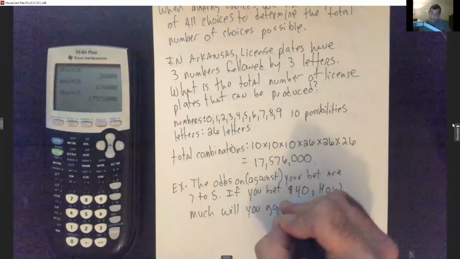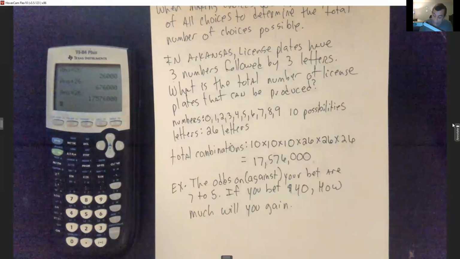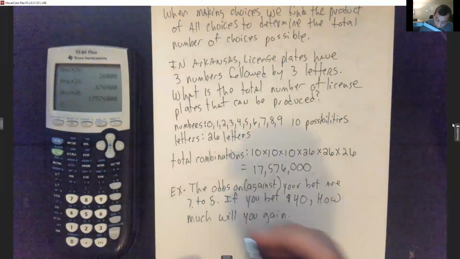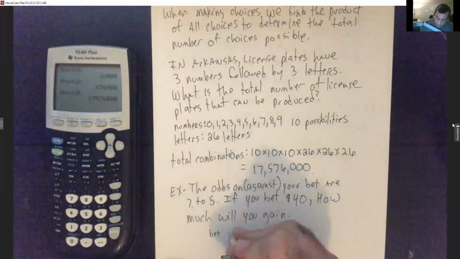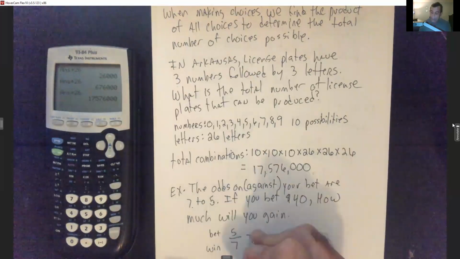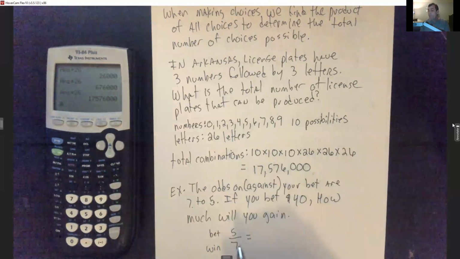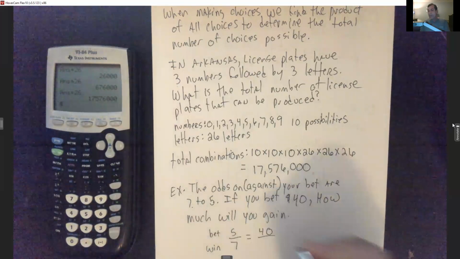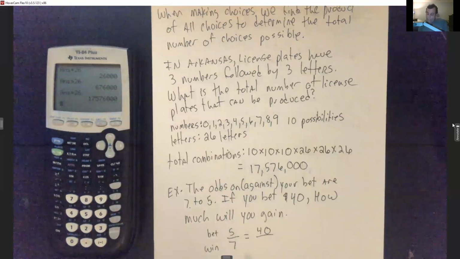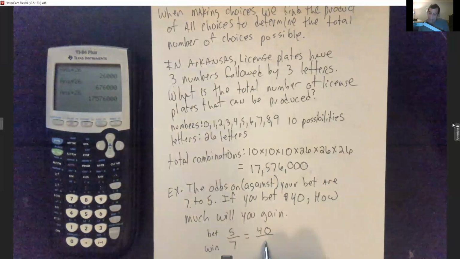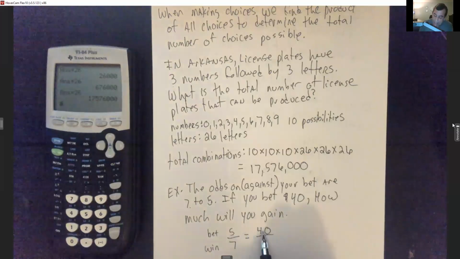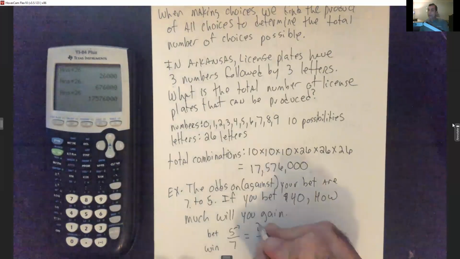So it looks like what's happening is for every $5 you bet, you're going to win $7. So if you bet 5, you're going to win 7. But guess what? You didn't bet 5, you bet $40. So we sort of just set these up as proportions. To figure out how much I'm going to be able to win, I got to figure out the difference from betting $5 as to betting $40. So what happened to that 5 to turn it into a 40?